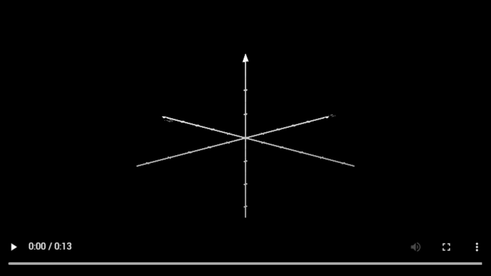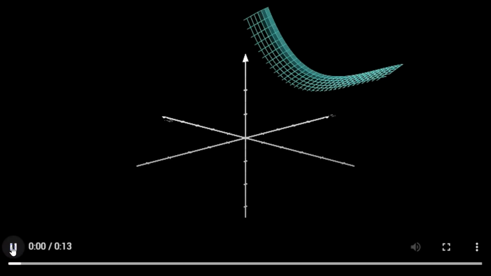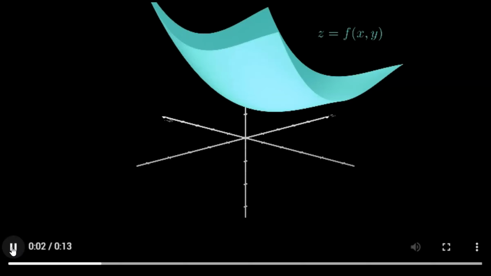Let's take a look at this animation. We're going to start with the creation of our surface. Here is our surface, our f of x and y, that we're seeking the extrema for. And now we're going to impose our constraint, our g of x and y. Here is our constraint function. Notice how it passes through our surface, f of x and y.